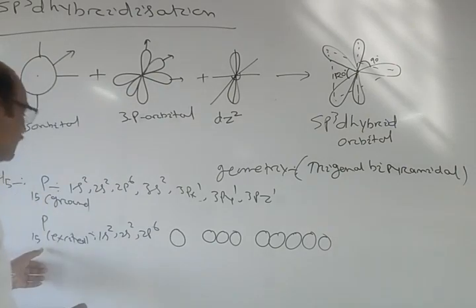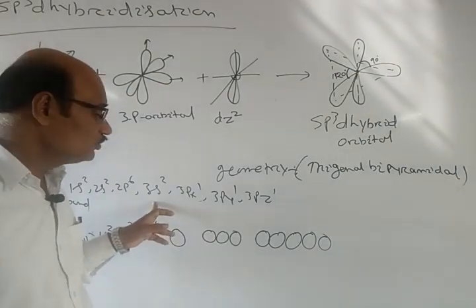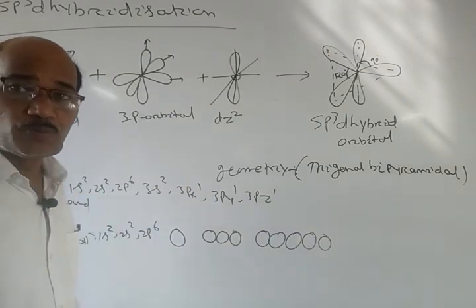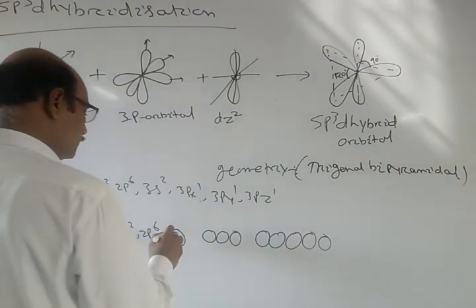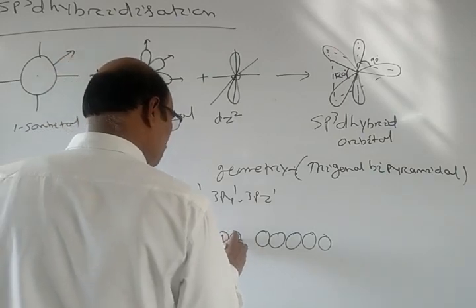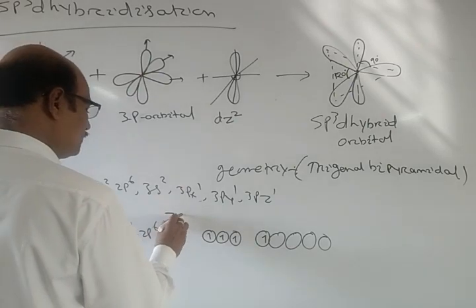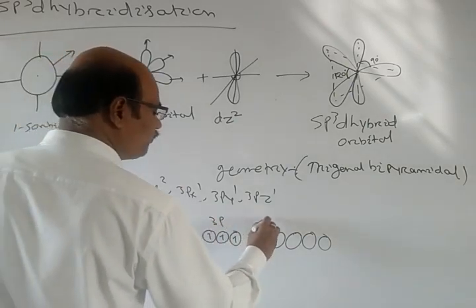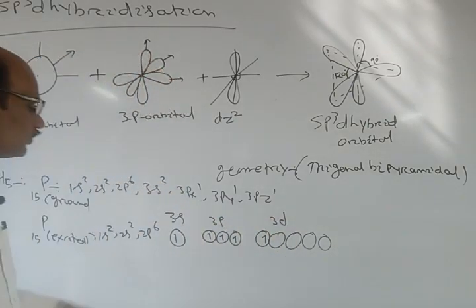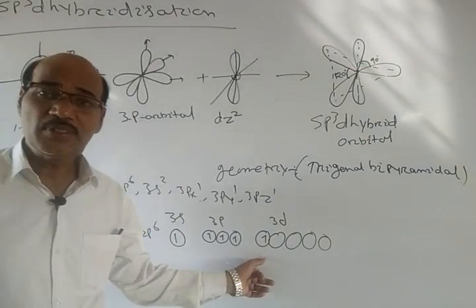In the excited state, one electron from 3s jumps to 3d. So we get 3s1, 3px1, 3py1, 3pz1 and 3d1. This is your 3s, 3p, 3d.